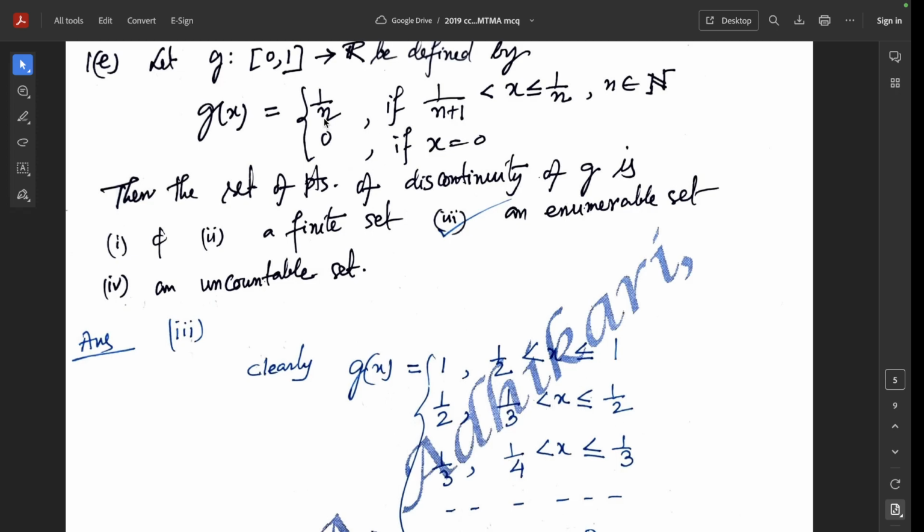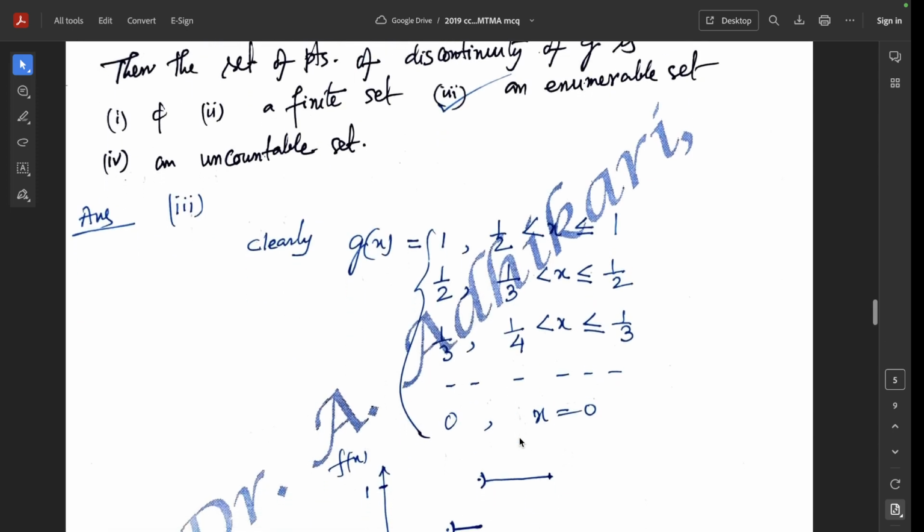If we put n equal to 3, we get G(x) equal to 1/3, and the range is 1/(3+1), that is 1/4, less than x less than or equal to 1/3, and so on. And this is equal to 0 if x equal to 0.